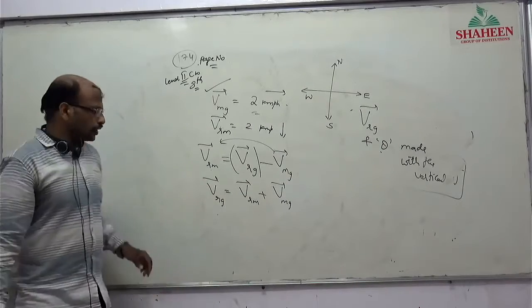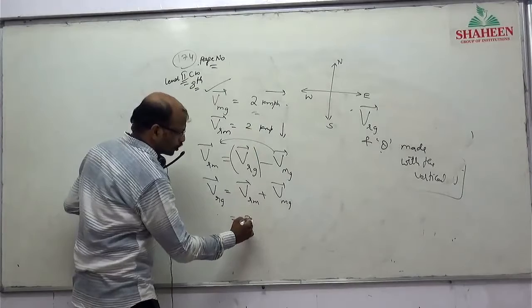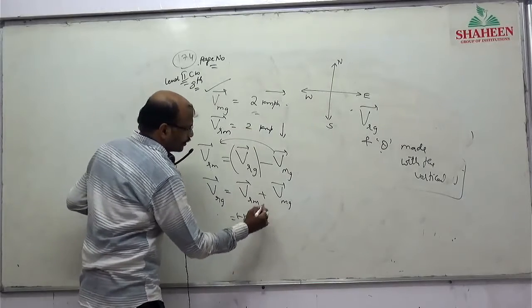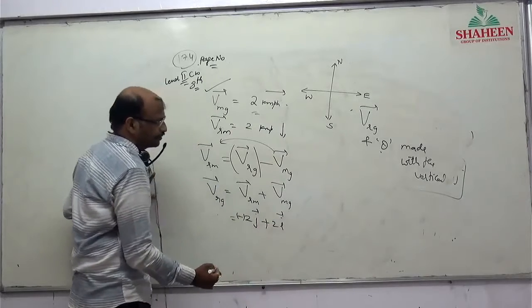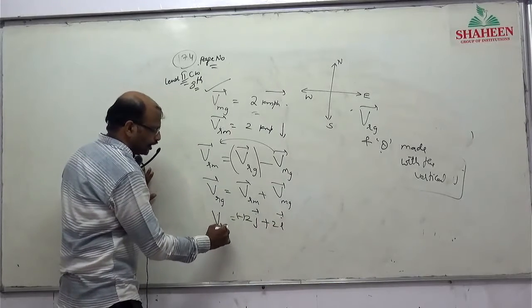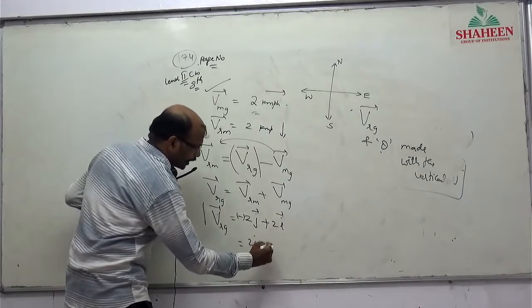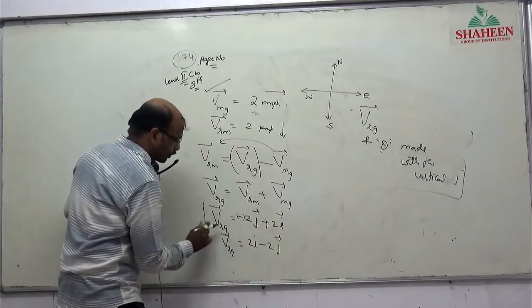Yes. So here VRM is minus 2j, plus VMG. VMG is 2i vector. So VRG is in this direction. In vector form, we wrote 2i minus 2j. This is the VRG we got now.